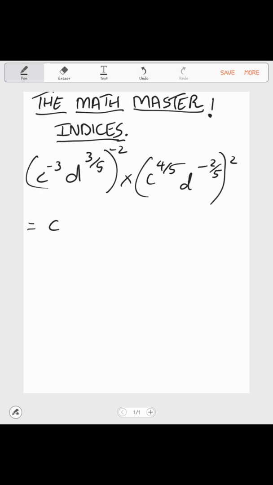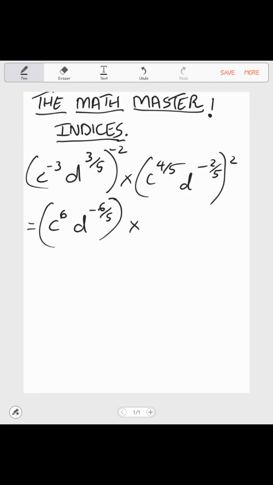C power minus 3 into minus 2, C power 6, D power 3 over 5 into minus 2. It's very easy because 3 into minus 2 is minus 6, and minus 6 over 5. We keep it in brackets because you haven't solved all of them right now. So just for your convenience, you would feel a lot better.